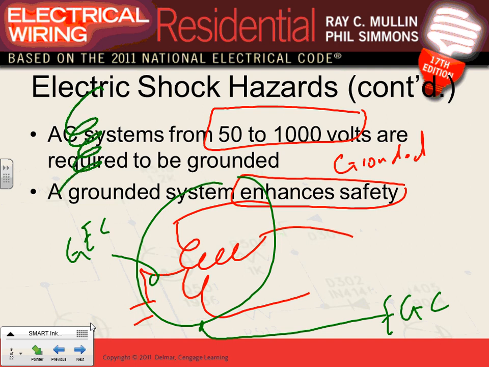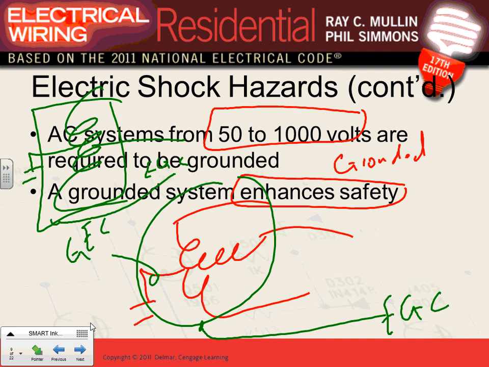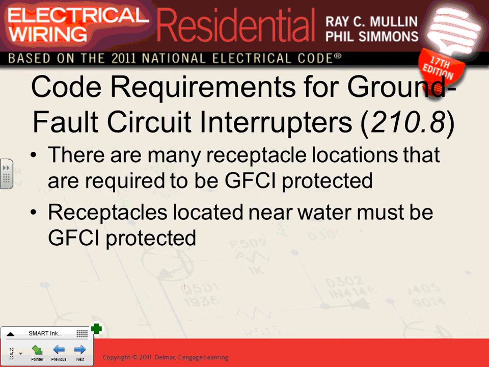You grab this in the center, you ground that here, and then the frame is the equipment grounding conductor, and you have 4 conductors going, right? You have hot, neutral, and a ground. That's how the systems are grounded. Any comments, guys, on why ground systems from 50 to 1,000? Safety, in conjunction, of course, with the ground fault.